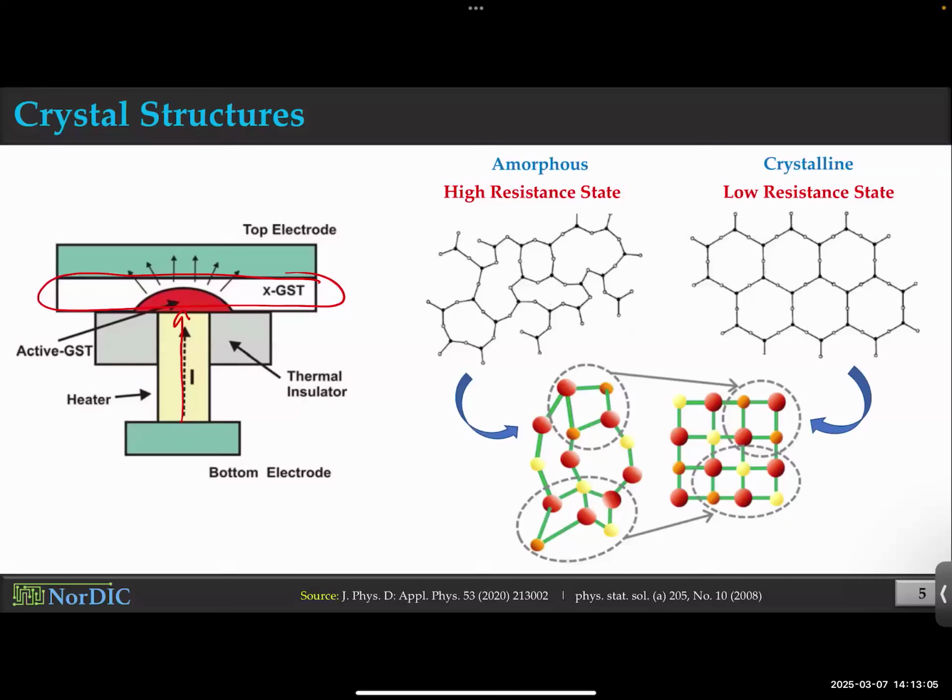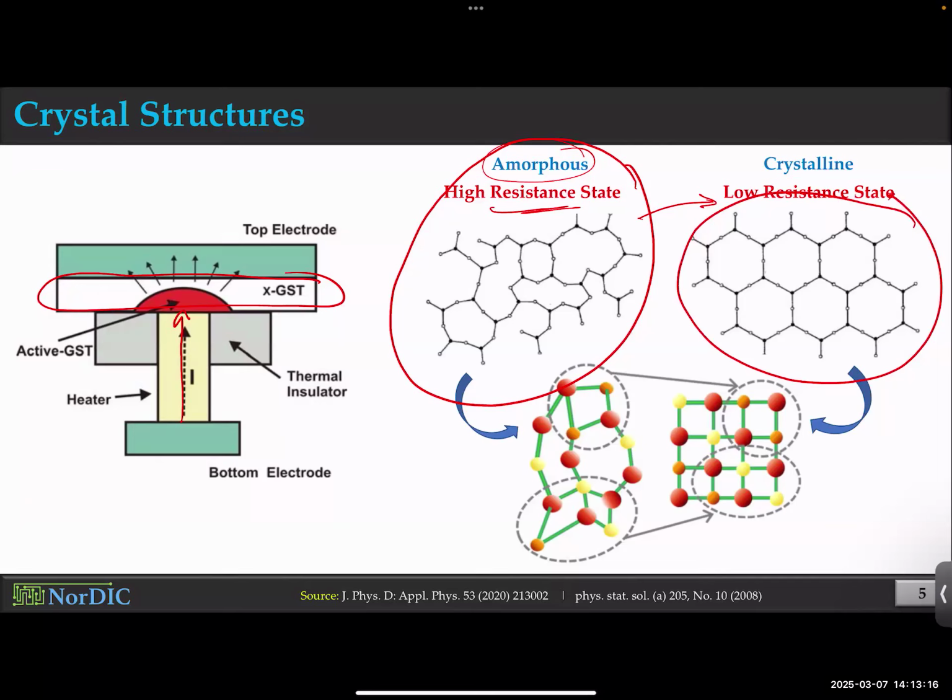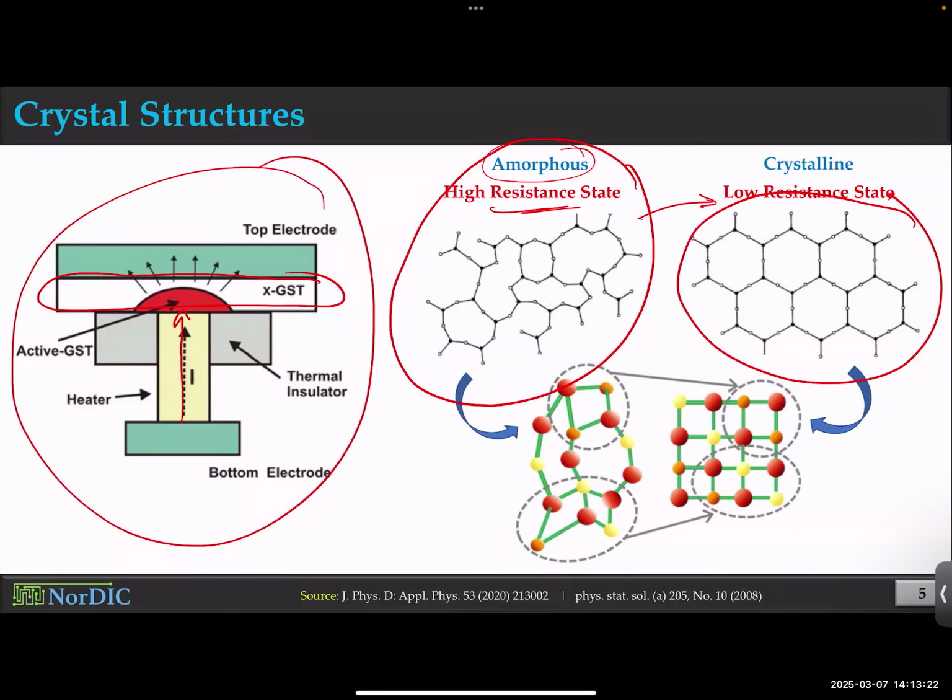So did I tell you that you can convert this material to a high resistance state by making it amorphous, and then you can make it crystalline, as you see here, and make it low resistance state. That's what we are after. But now I'm going to tell you how. And this structure kind of gives you some hint. We melt the material, and when you melt, you give it an opportunity to change its crystal structure.